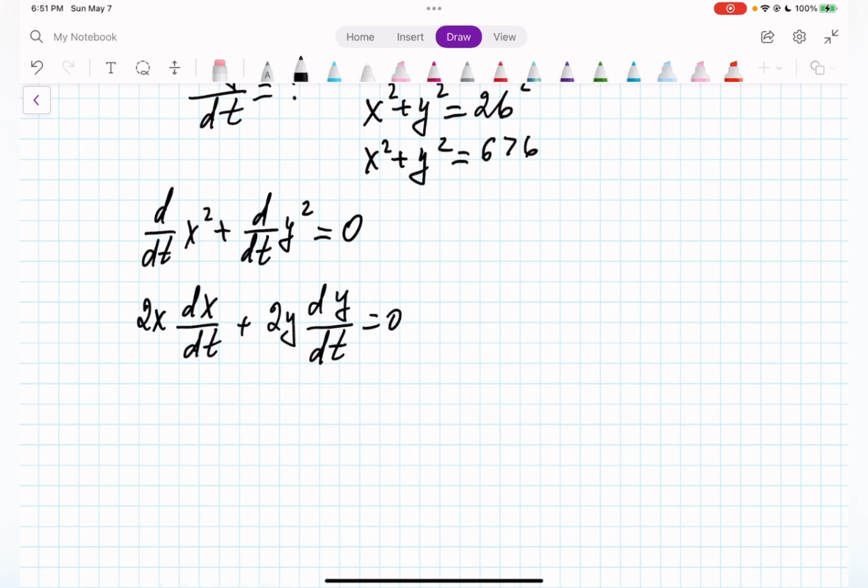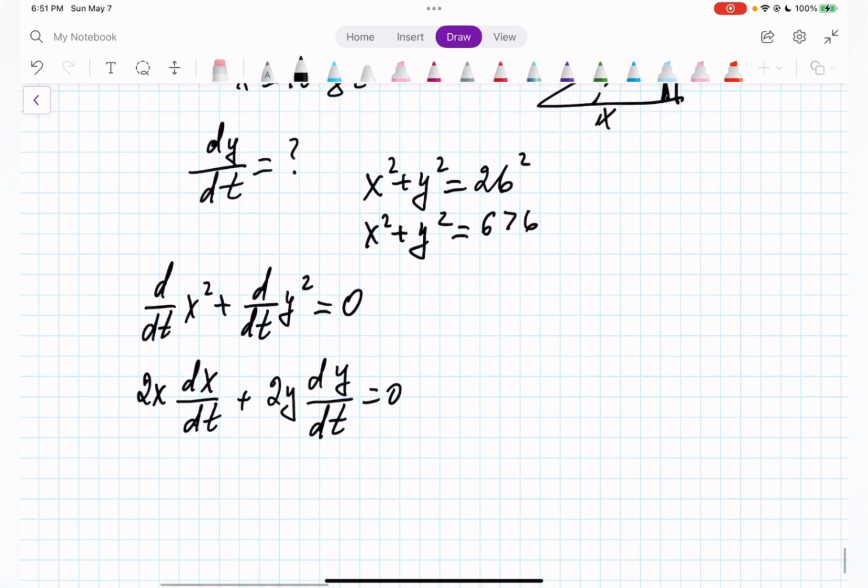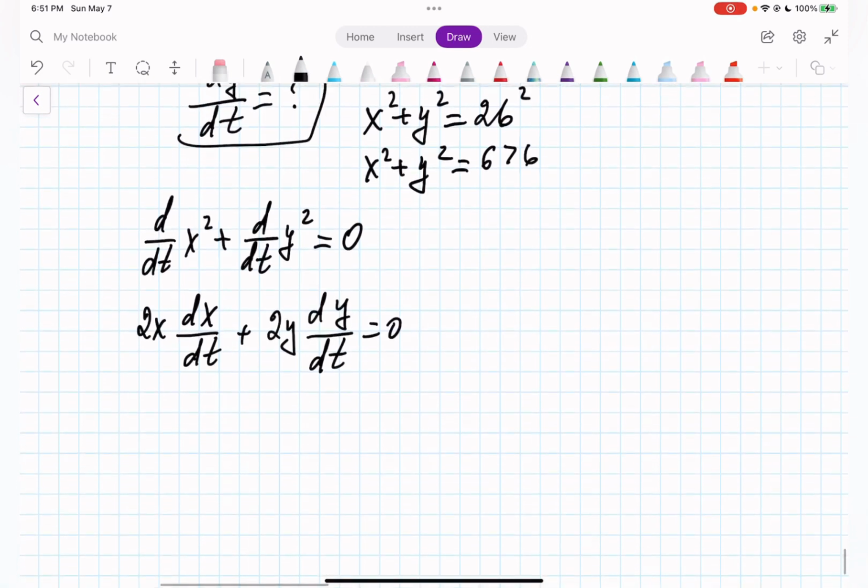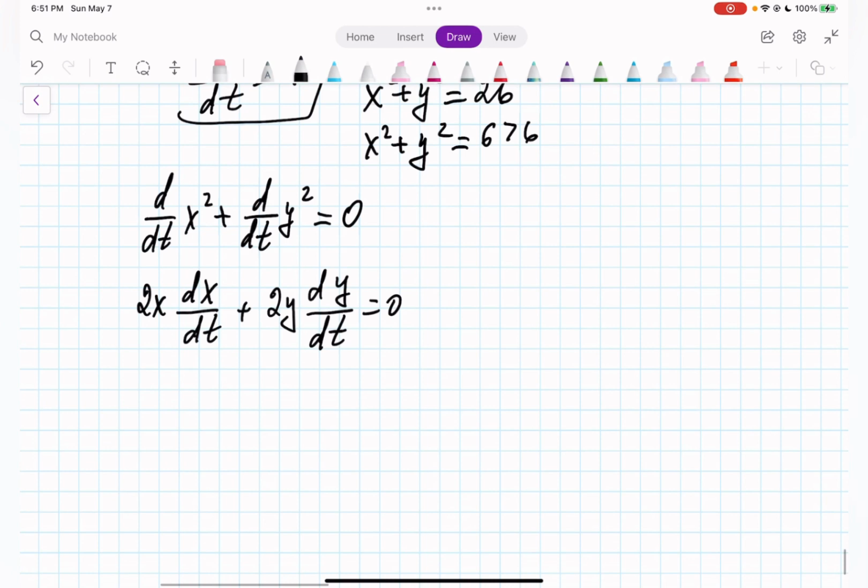From here, we need to find dy by dt, because this is our question, right? So for dy by dt, all we're going to do is divide both sides by 2y.